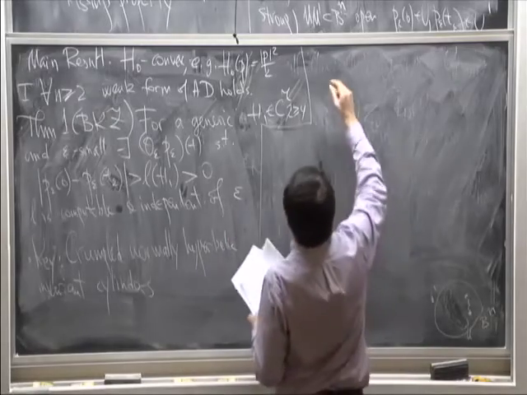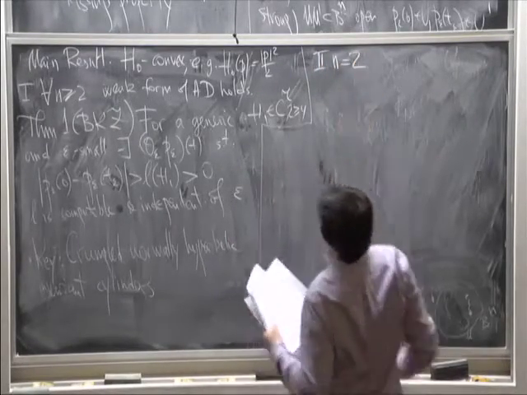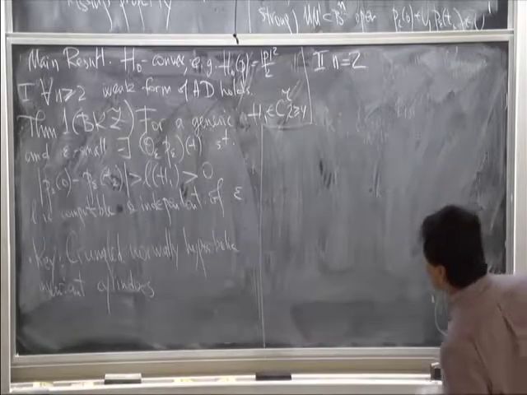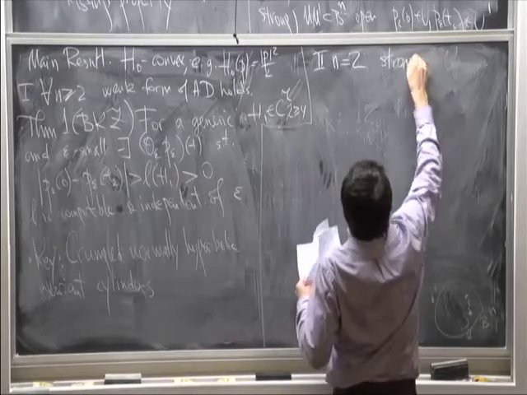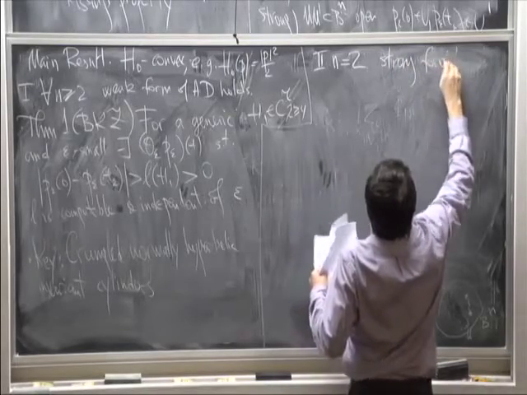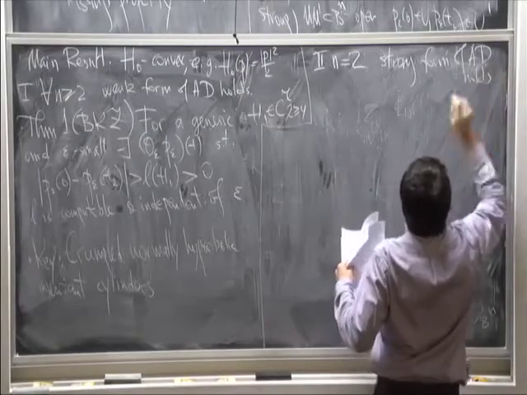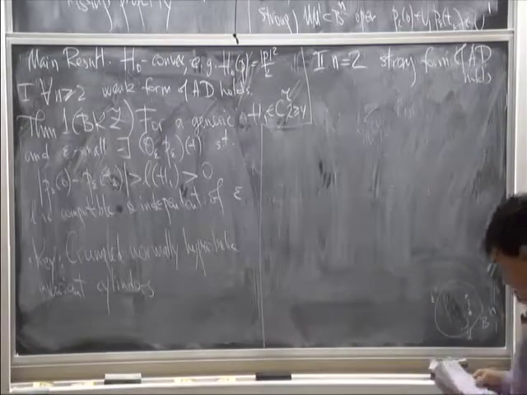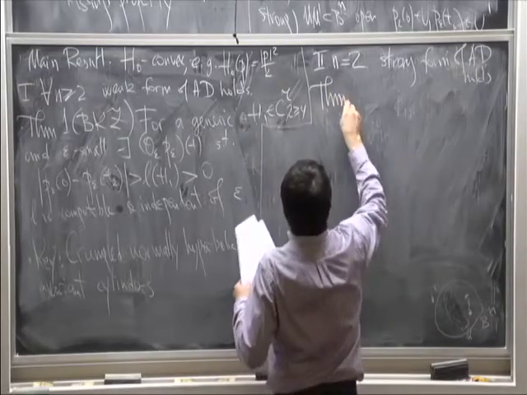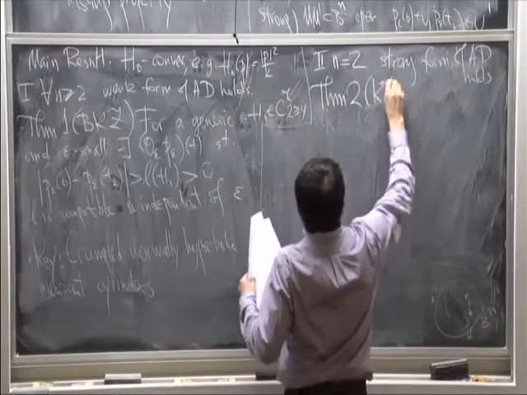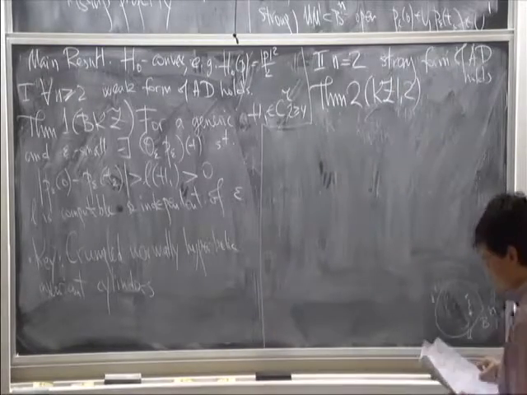So the second result is you choose n equal to 2, and for n equal to 2, you say that the strong form of Arnold diffusion holds. And let me make a precise statement. So theorem 2, it's the content of the preprints 1 and 2.